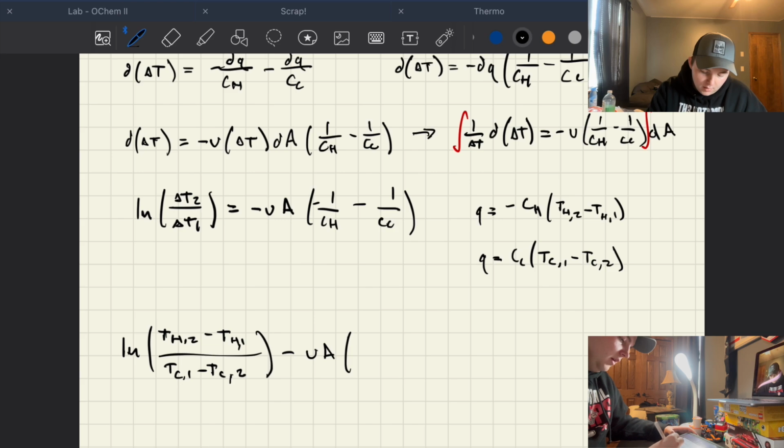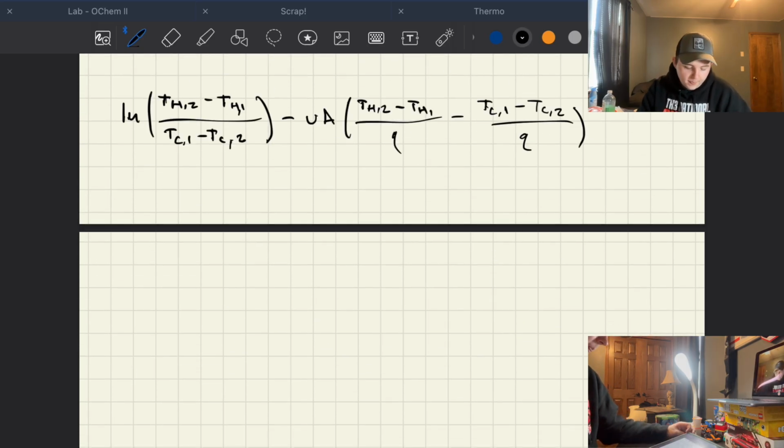negative UA times the quantity TH2 minus TH1 over Q, and then minus TC1 minus TC2 over Q as well. And then we can rewrite this in terms of delta T, which is what we want.